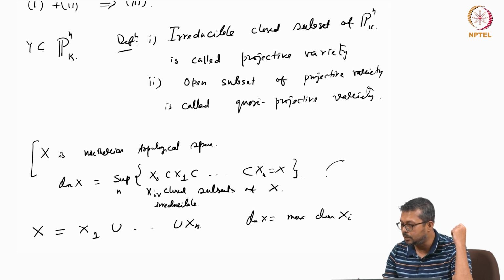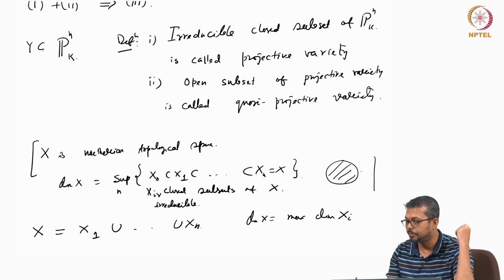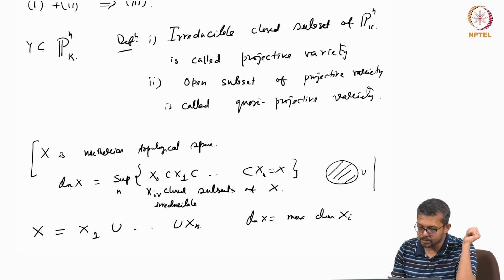Suppose it's a disk and a line union. Take the usual topology, then the dimension will be that of the disk. So you start with an irreducible topological space and define it there.